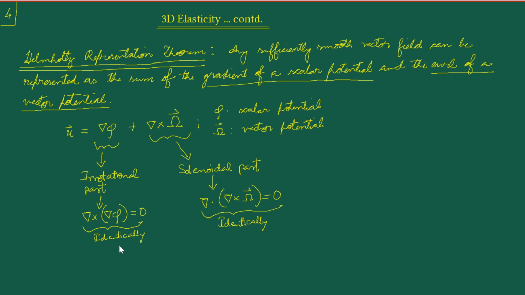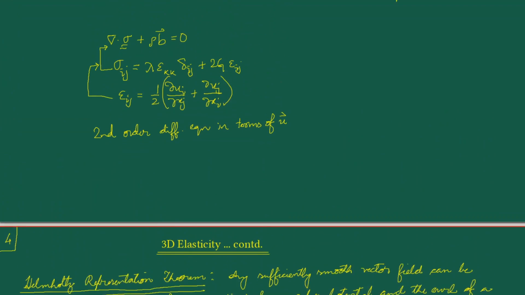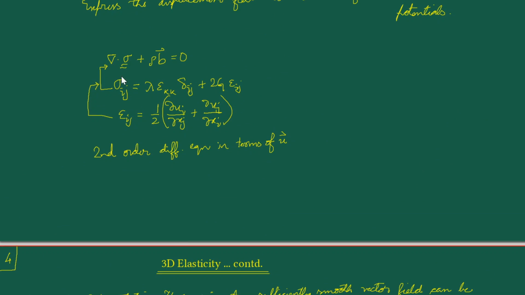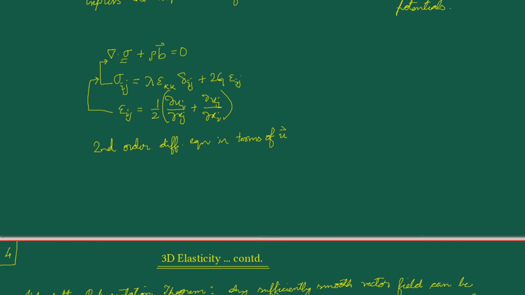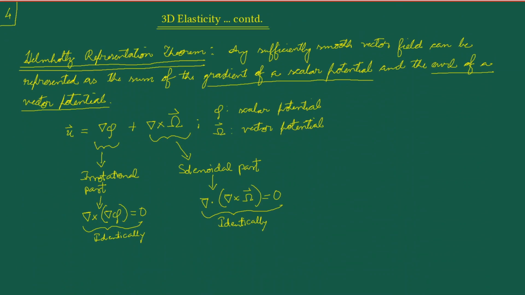In order to understand the use, we have to connect this with what we had been discussing in the previous lecture at the very end. Our ultimate goal here is to represent this stress equilibrium equation in terms of the displacement, and then to express that second order differential equation in displacements in terms of this potential, and to see what kind of things we can deduce from that.